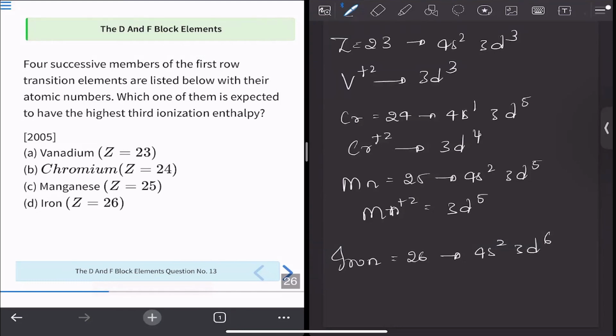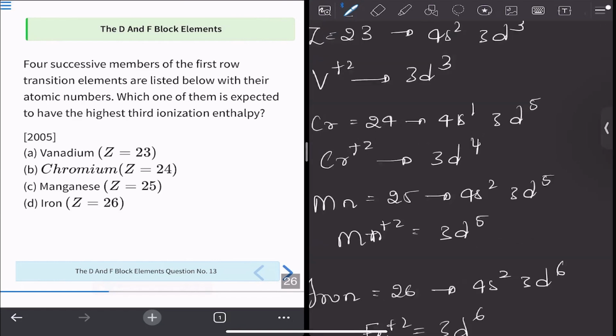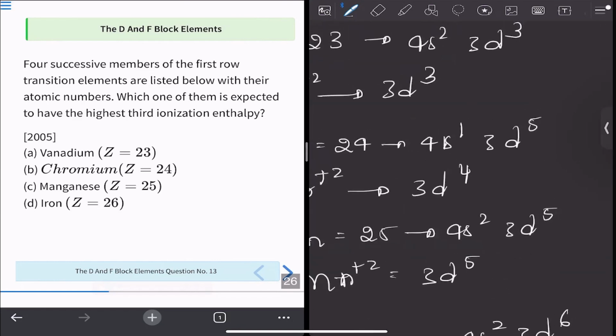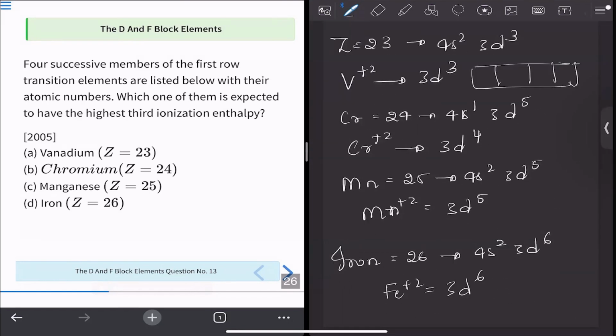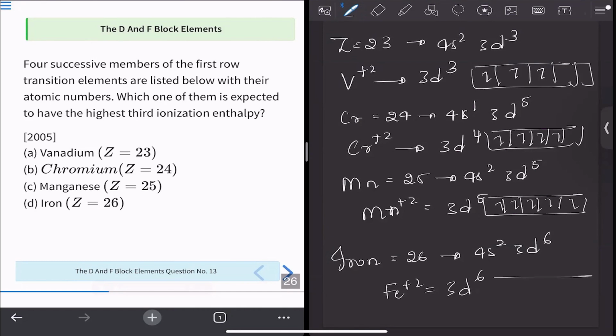And the plus 2 state of iron will have 3d6 electronic configuration. So 3d3 is this one, 3d4 is this one, 3d5 is this one, and 3d6 is this one.